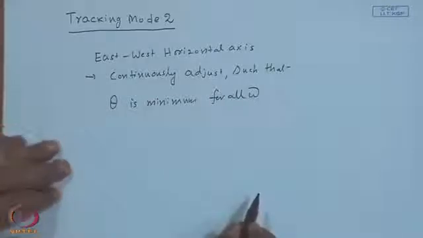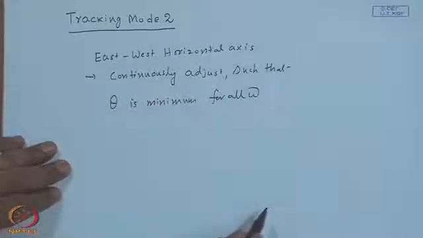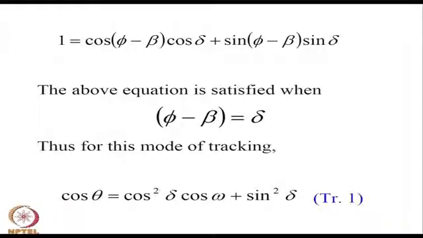So, it is an east west horizontal axis surface rotated about the east west axis such that the angle of incidence is minimum. In the previous case, the angle of incidence was a minimum and equal to 0 at noon time, which is satisfied by phi minus delta equal to beta.